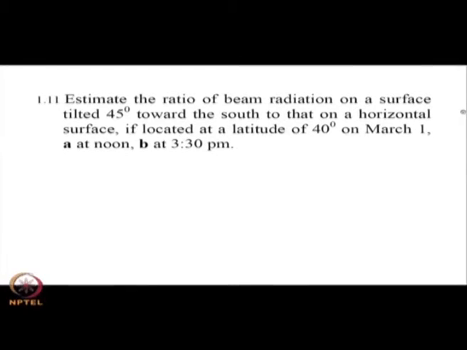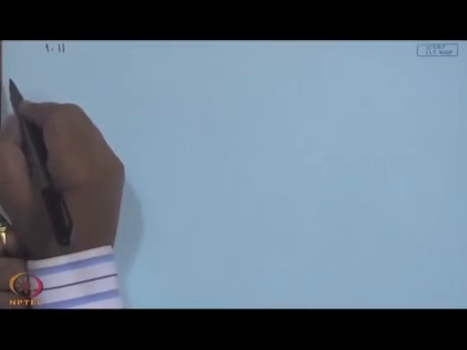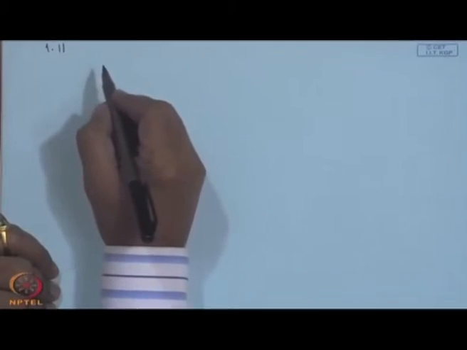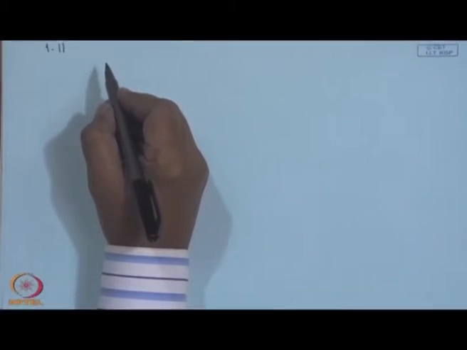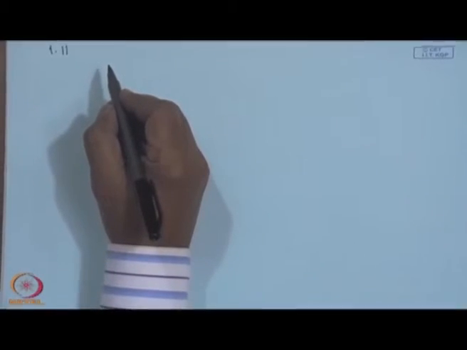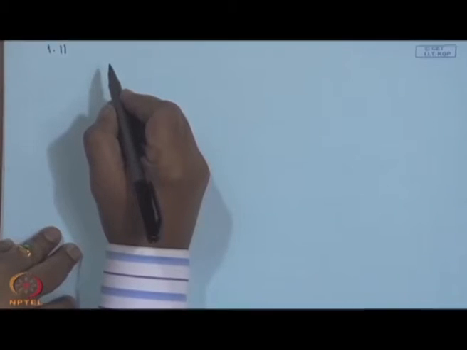Now, we shall go to problem 1.11. Estimate the ratio of beam radiation on a surface tilted 45 degrees toward the south to that on a horizontal surface if located at a latitude of 40 degrees on March 1st, A at noon time and B at 3:30.